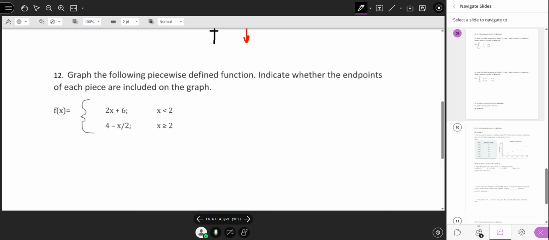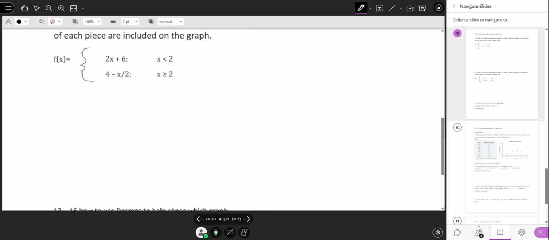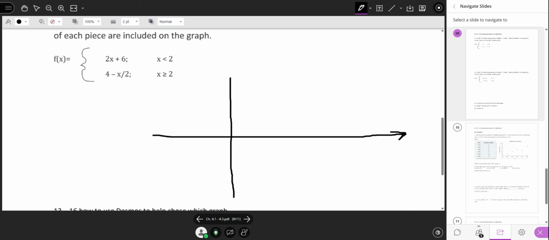Now, 2x plus 6. It takes me a little bit to get all this set up.